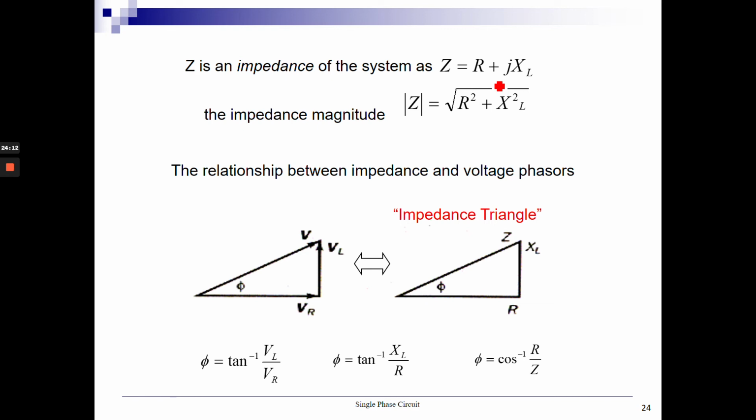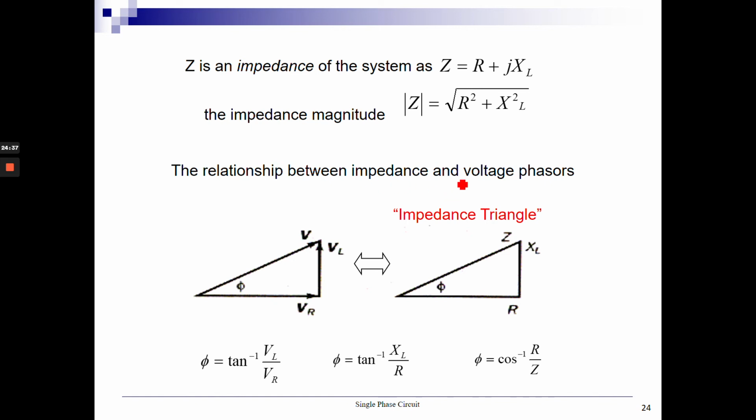So in maths you use i, right, for your imaginary part, but in electrical we use j. So if you want to find the magnitude of your impedance, the magnitude of impedance equal to the square root of R squared plus XL squared.